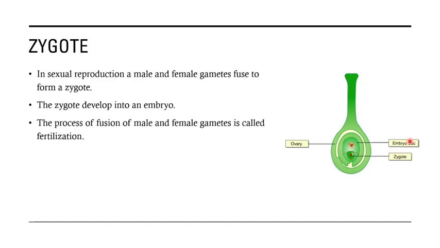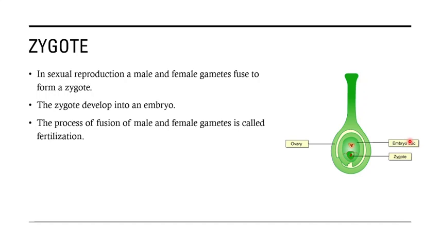The next topic is a simple topic. In sexual reproduction, a male and a female gamete fuse to form a zygote, and this zygote develops into an embryo. What is fertilization? The process of fusion of male and female gametes is called fertilization.